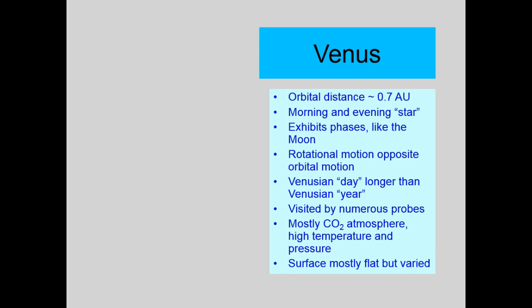Its day, in other words, its rotational spin, takes longer to go around once than it does to go around the sun once. So its day is longer than its year. And on its day, the sun rises in the west and sets in the east because it's spinning backwards. But it takes more than one trip around the sun for that to happen, so it doesn't make any sense.